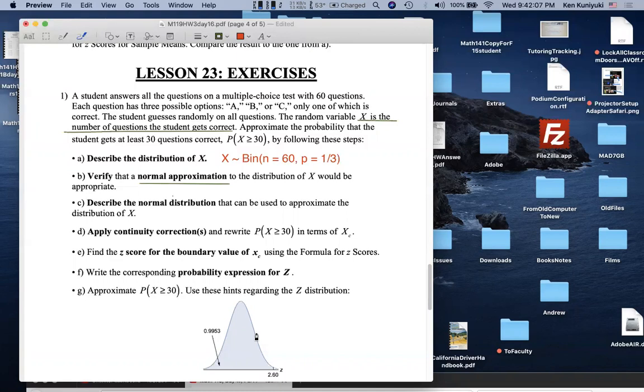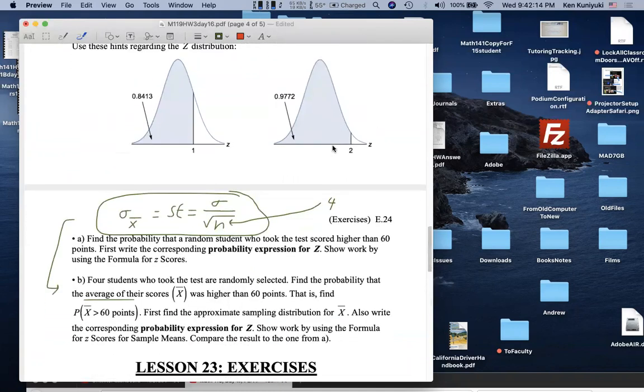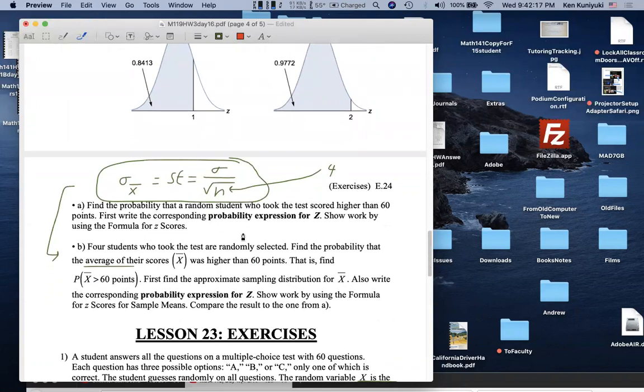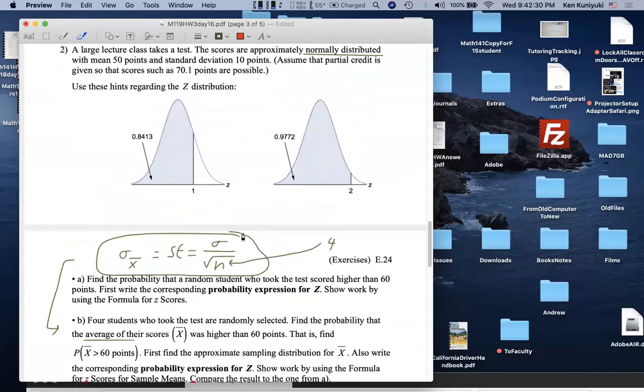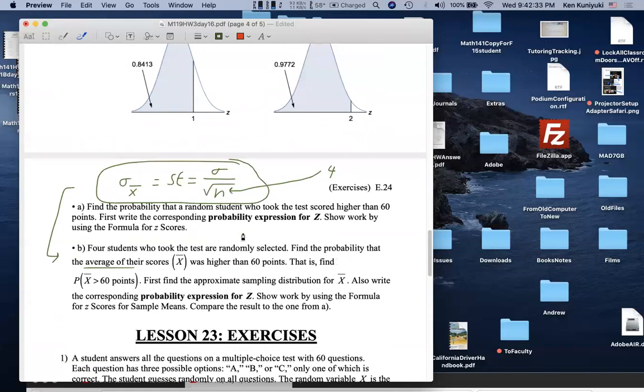Yes, Professor. I have a question on lesson 22, problem number two, part A. I want to check the answer. For 2A, the answer is 0.1587, and I checked this with my previous classes.